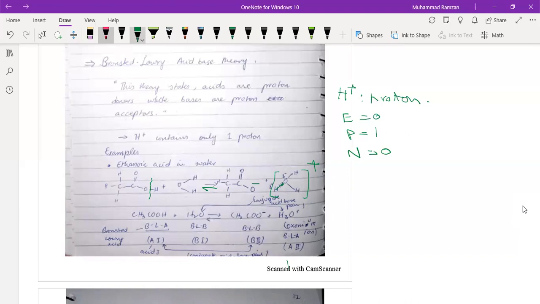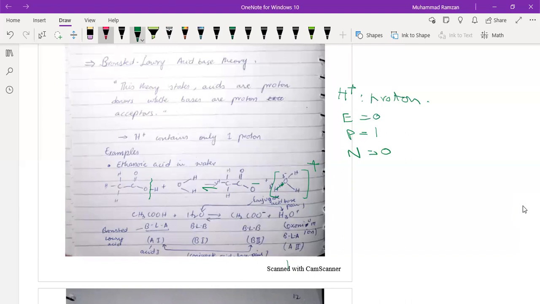So now I have shown CH3COOH plus H2O, CH3COO minus plus H3O plus. This is Bronsted-Lowry acid. This is Bronsted-Lowry base, and CH3COO minus is Bronsted-Lowry base, and this is Bronsted-Lowry acid for backward. Now it will pair up.